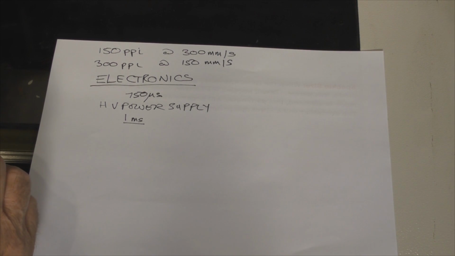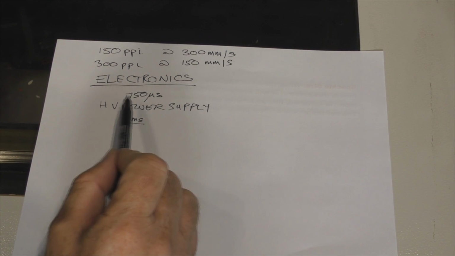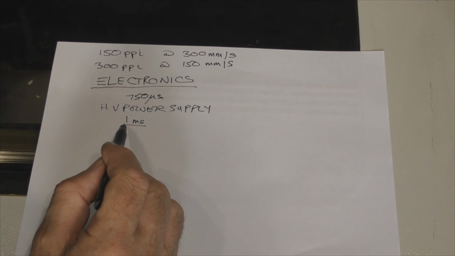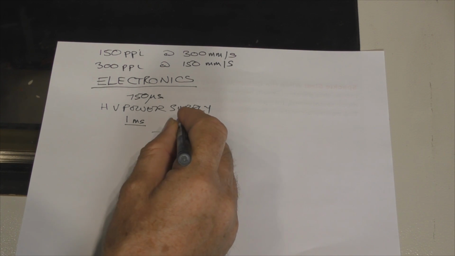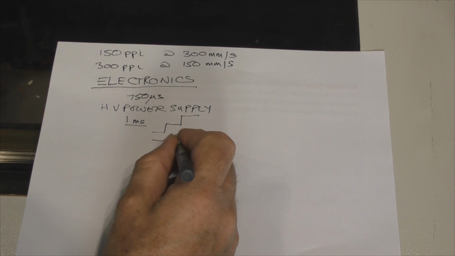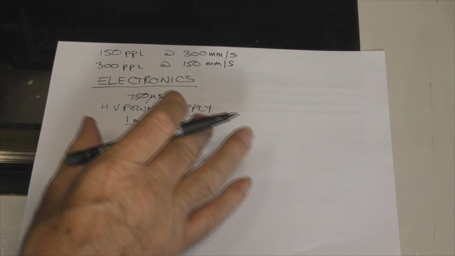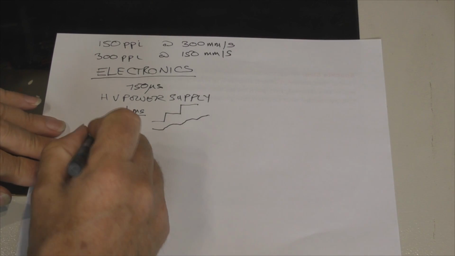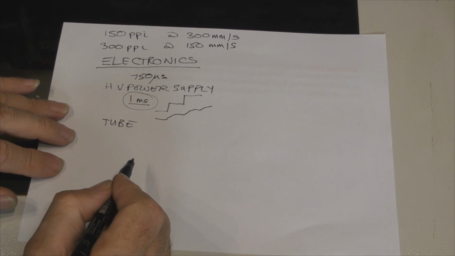Without any knowledge at all on my part, let me guess and say that after that 750 microsecond signal has passed through the HV power supply, we may only be able to see pixels that are 1. And even then, they may not be like that. They may well be more like that. So they may well already get distorted as they pass through the power supply. Now, the next question is, who knows what we're going to see coming out of the tube?